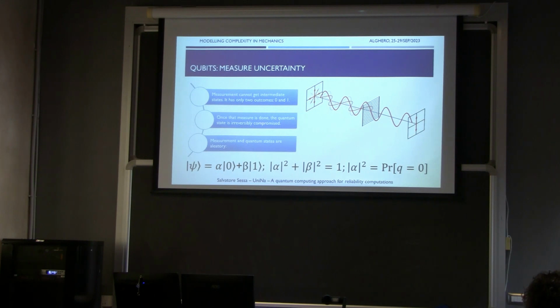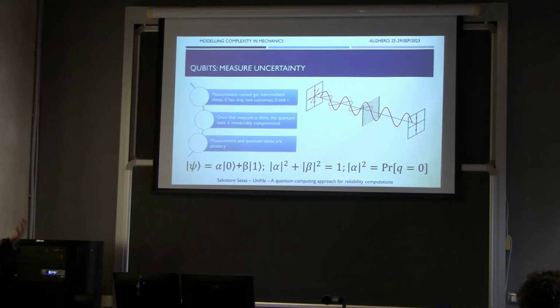Moreover, once the measurement has been done on a qubit, we irreversibly compromise its status. And in general, the measurements present an intrinsic aleatory nature. This is the generical description of the superposition state of a qubit.